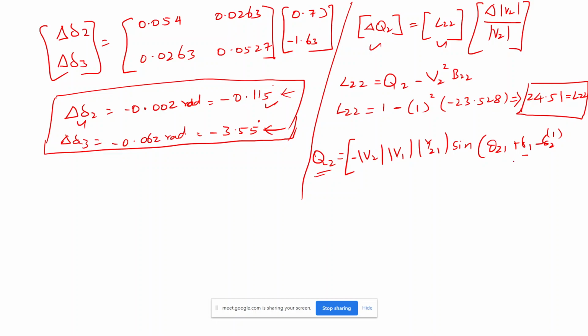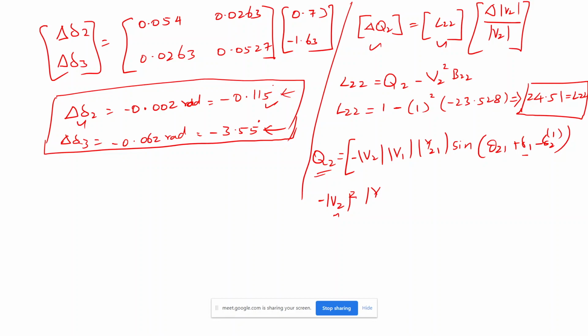You need to put the updated value, then only the second iteration will converge; otherwise it will diverge. Make sure that you are putting the updated value, and then minus V2 square Y22. Here you can assume, because still we didn't find out the value.